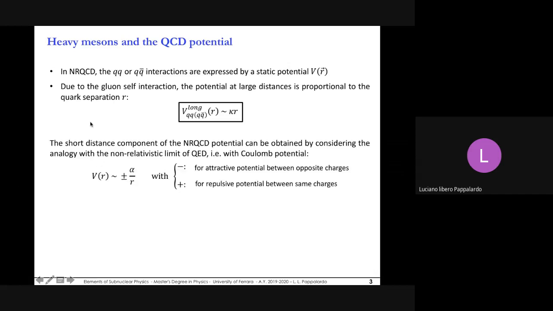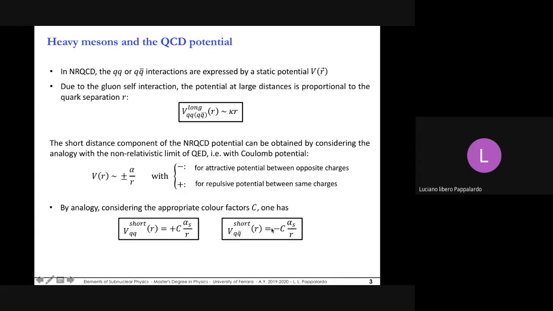The short distance component of the non-relativistic QCD potential can be obtained by considering the analogy with the non-relativistic limit of QED, that is the Coulomb potential that you see here, the standard Coulomb potential. In particular, this potential can be attractive in case of opposite charges and repulsive, so with a plus, in case of same charges. So we can apply a complete analogy with the Coulomb potential in the case of a short distance non-relativistic QCD potential.